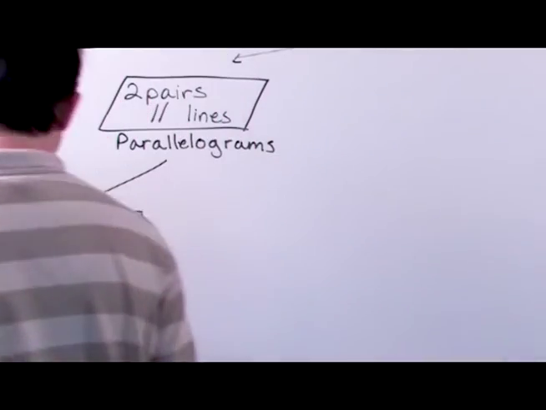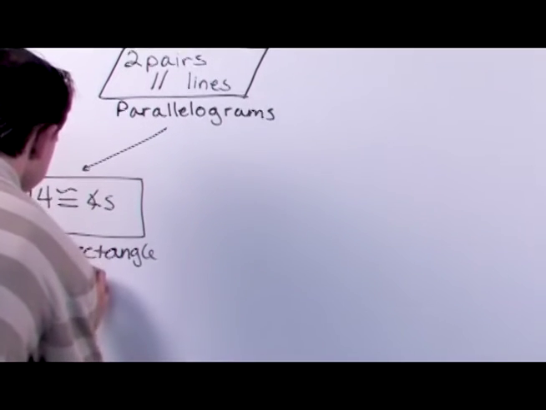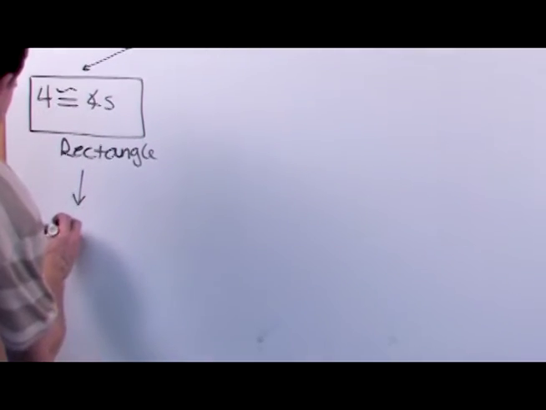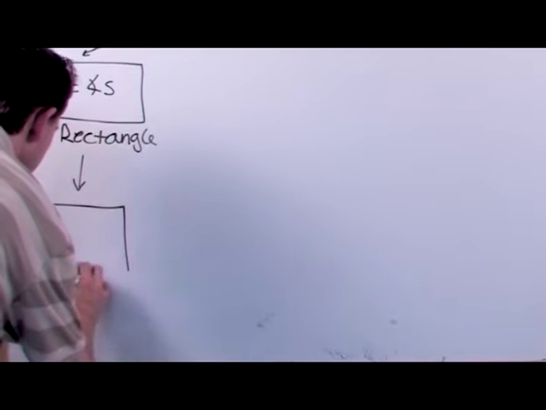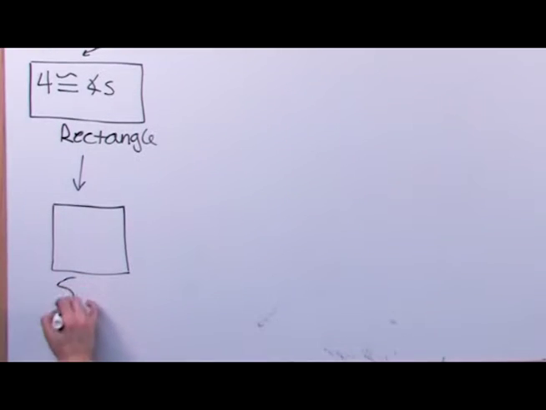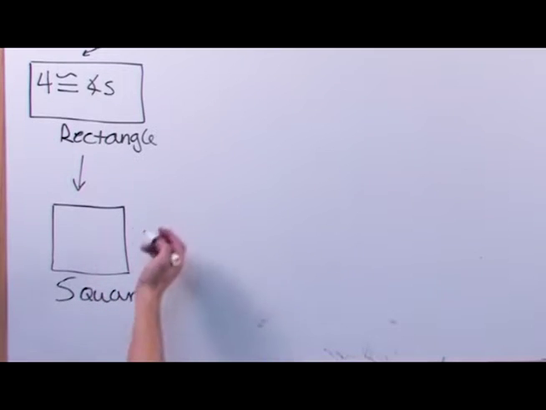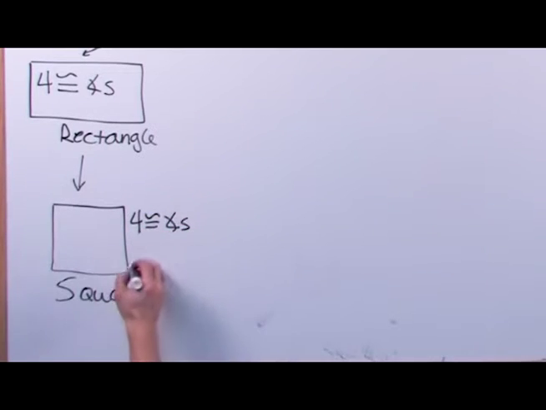Okay? And let me go down here and say, well, there's a special kind of rectangle I think you all know about called square. Okay, so this is a square. And the definition of a square is four congruent angles and four congruent sides.